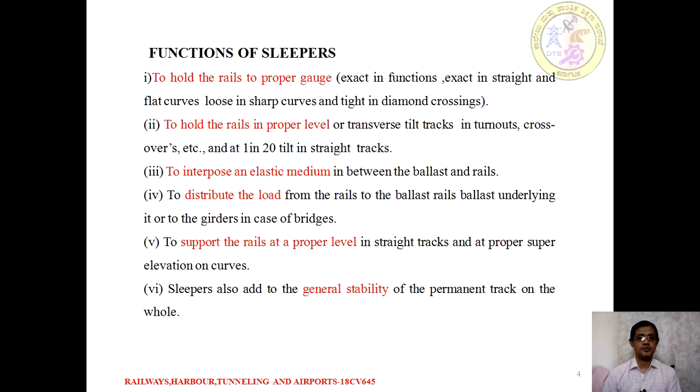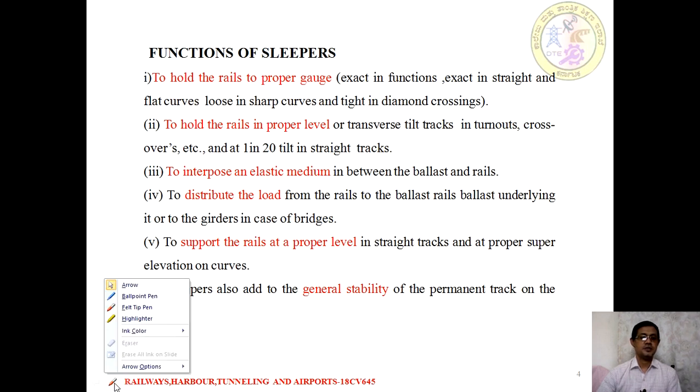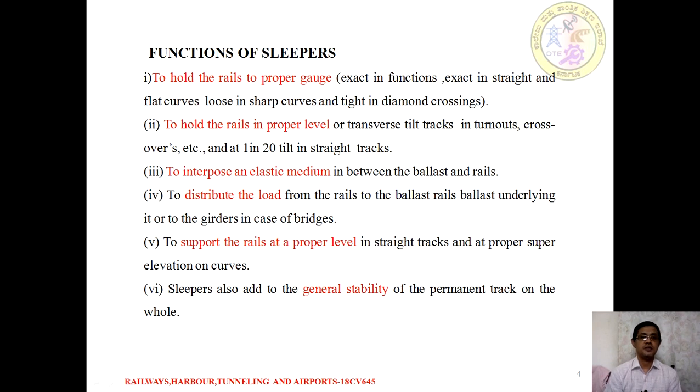So, moving on to the functions of a sleeper. We are going to discuss them one by one. Sleepers are transverse members, made from any type of material. First, the sleeper should hold the rails in the proper gauge.